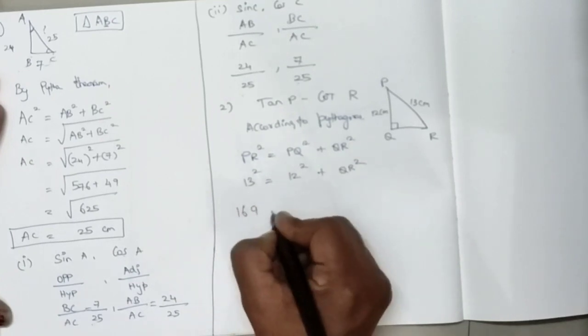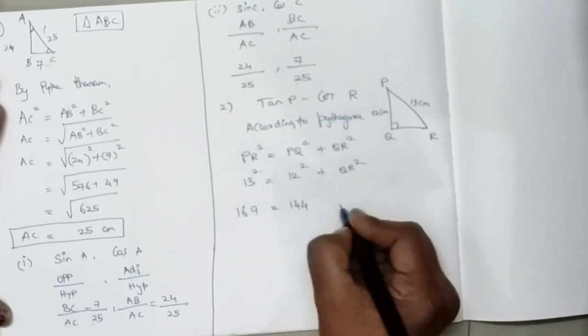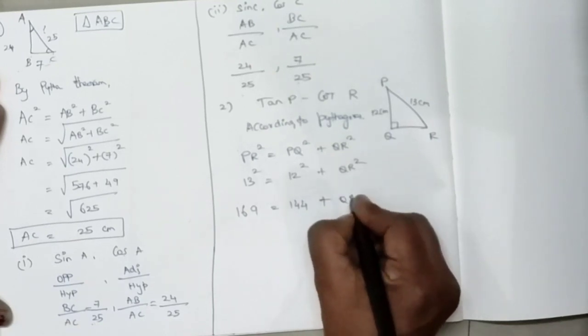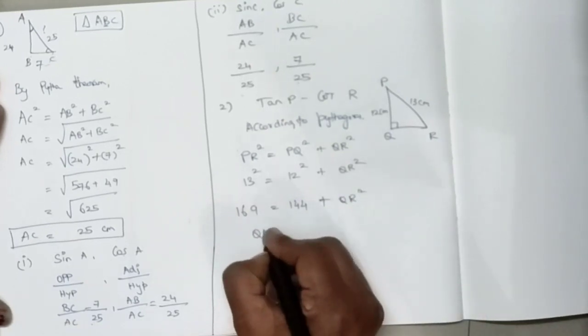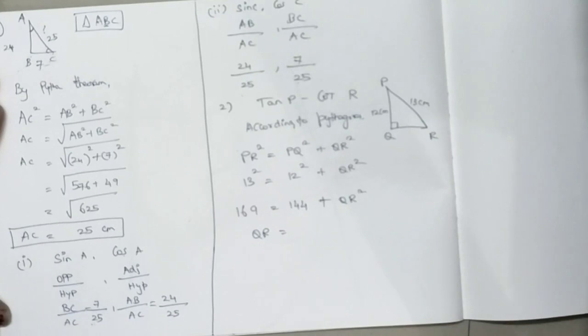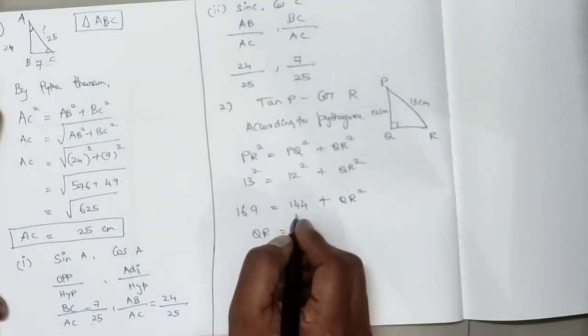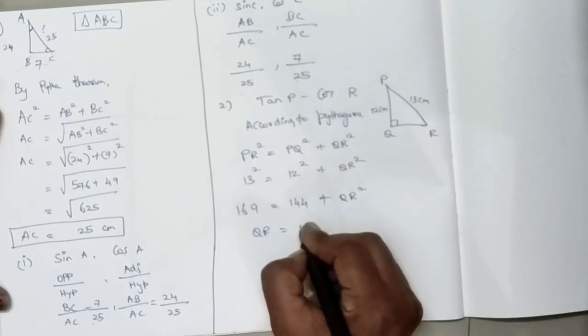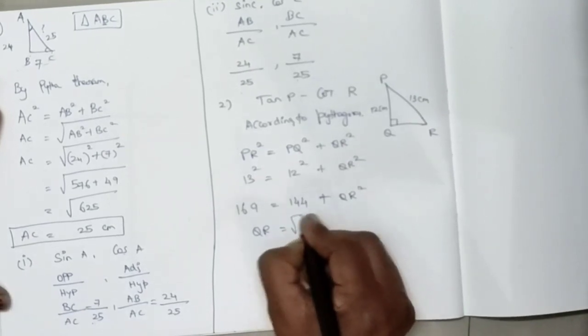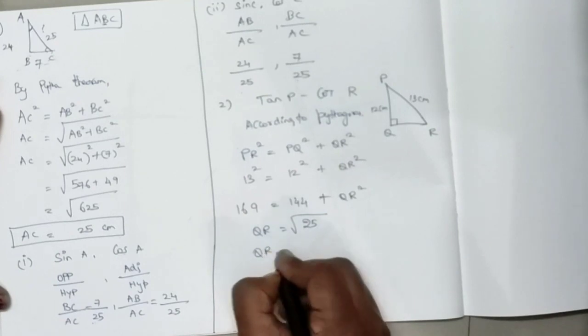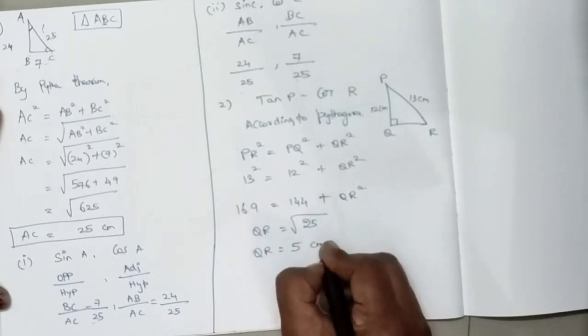This is 169, this is 144 plus QR square. So QR square is 169 minus 144, what will be the answer? 25. Am I right? So QR is equal to 5 centimeters.